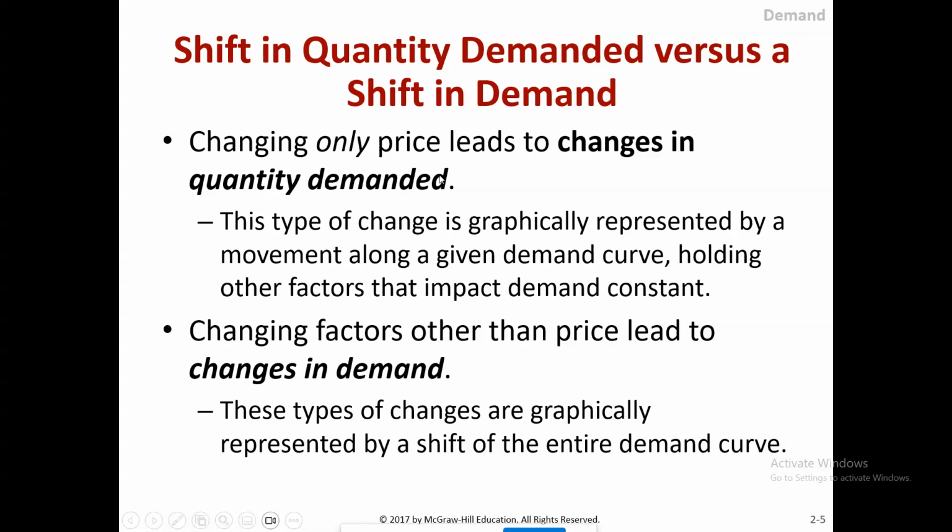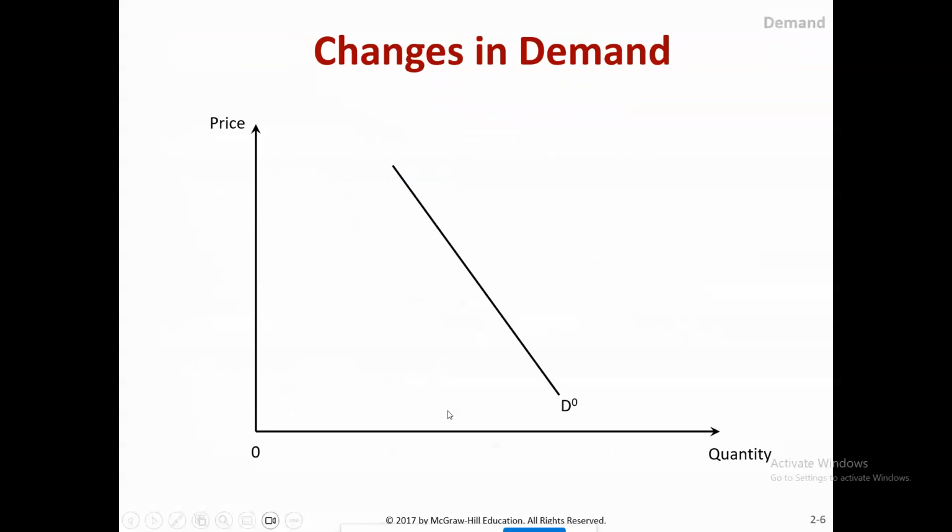But if something else changes other than price, it will lead to a change in demand. Graphically, if there's some determinant resulting in an increase in demand, it means at every single price level, the quantity demanded increases, the whole curve shifts to the right-hand side.